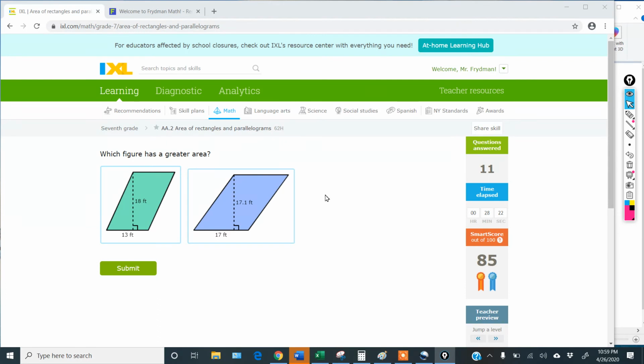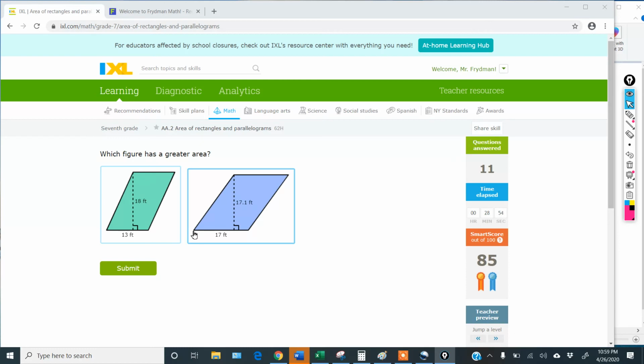This time it's not as obvious, but you could still estimate, and you could say that this height over here is just a little bit smaller than this height over here, right? 17.1 is just a little bit smaller than 18, whereas 17 is significantly larger than 13.